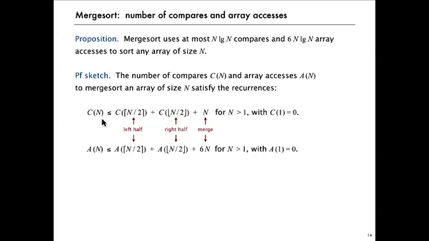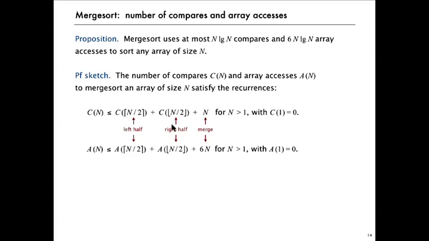In order to get that done, we're sorting the left half and the right half. And there's notation: ceiling of n over 2 and floor of n over 2. That's the n over 2 round up, n over 2 round down. That's the size of the two subarrays. And we're going to call the same routine for that size. So the number of compares you need for that is C of n over 2.